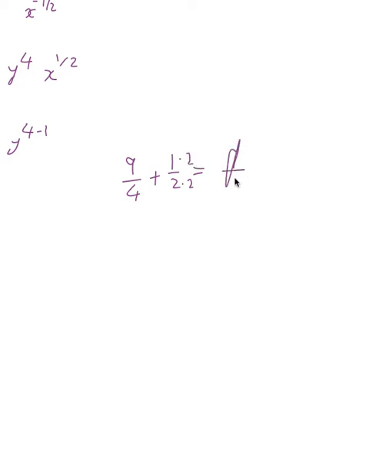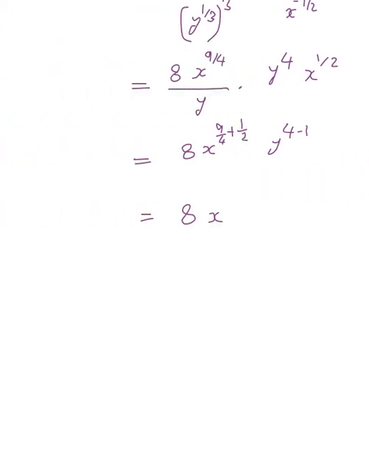So this is 9 upon 4 plus 2 upon 4, which is 11 upon 4. Okay, because now the denominators are the same, we can add the numerators. Now here this is 11 upon 4 and y to the power 3. This is the answer.